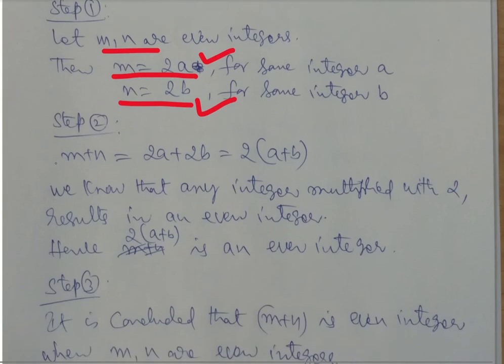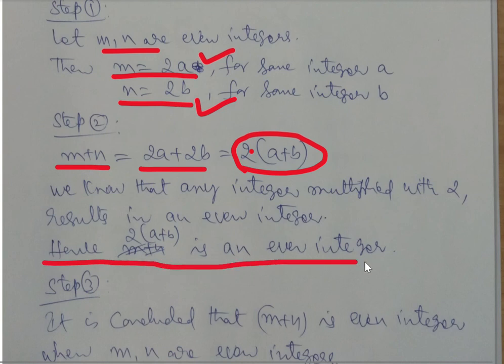So now step 2, m plus n. That is 2a plus 2b, which is nothing but 2 of a plus b. Again, by applying the definition of an even number, when I multiply a number with 2, I will always get an even number, because 2 is an even number. So with that, I can say that 2 into a plus b is an even integer.